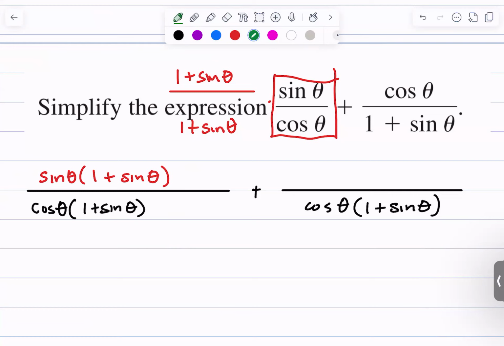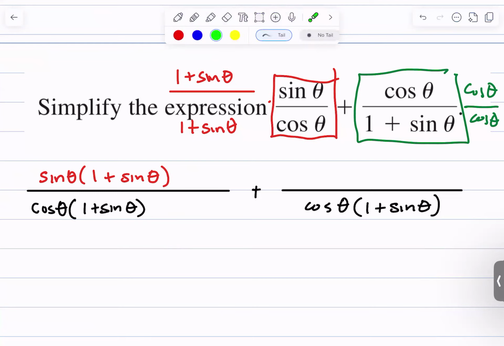In my second fraction, I need to multiply this by cosine over cosine. The reason why I'm doing that is because of my denominator, right? This denominator here now becomes this denominator here. Okay? So that's going to be cosine squared theta.